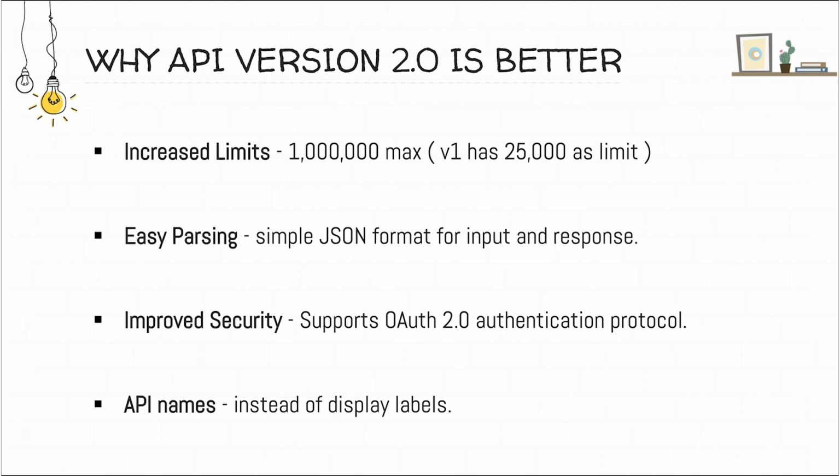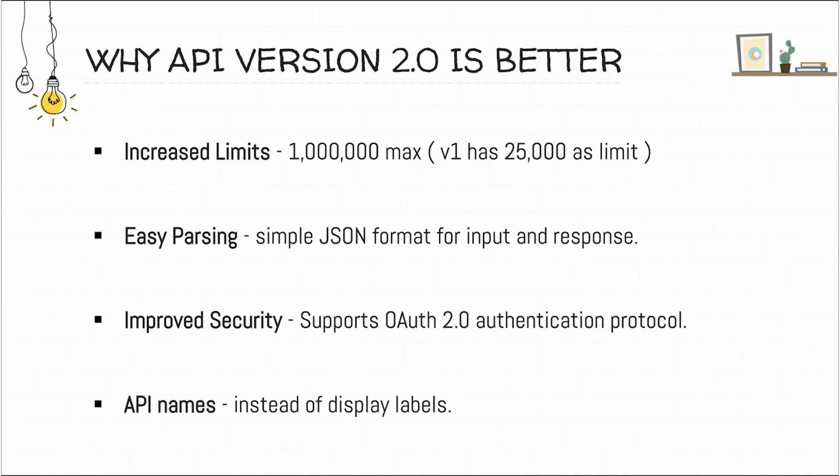So why is API version 2.0 better? There are a multitude of reasons why we introduced version 2.0 of APIs. Some of them would be increased limits, as in version 1, 25,000 API calls were the limit, but we follow a credit-based limiting system in API version 2.0, where you have about 1 million credits.